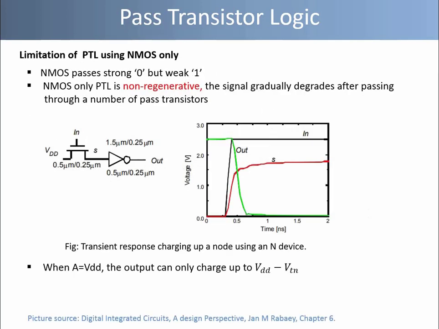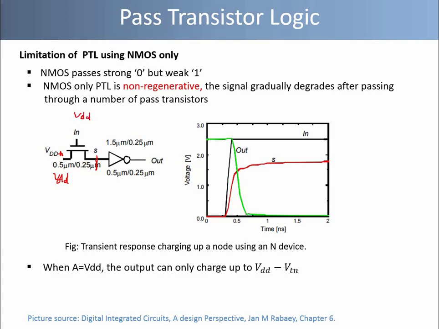Now let's discuss some of the limitations of this logic family. As we know, an NMOS transistor passes a strong 0 logic level but a weak 1 logic level. It means that let's suppose we have an NMOS pass transistor and we have its terminal A and apply a constant VDD to A, and also switch on this transistor by applying a VDD over the gate.